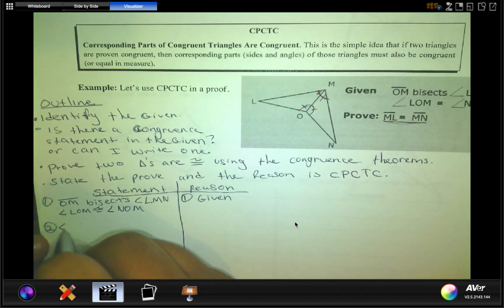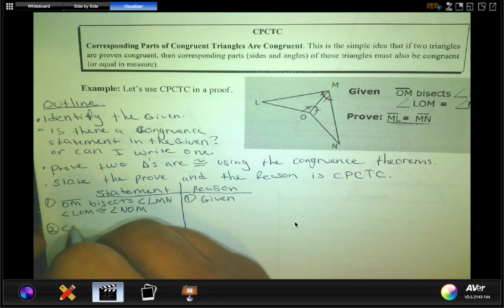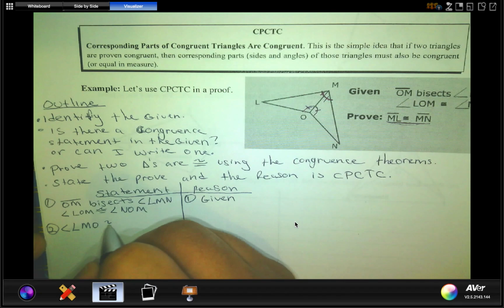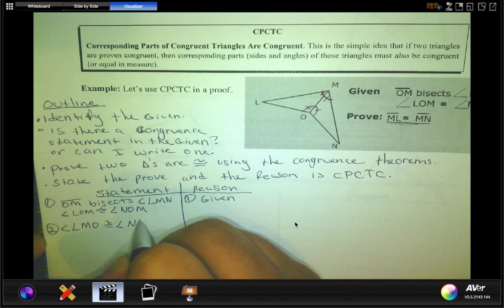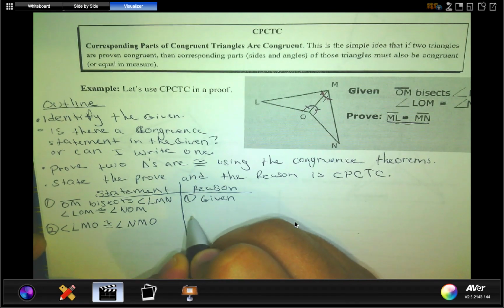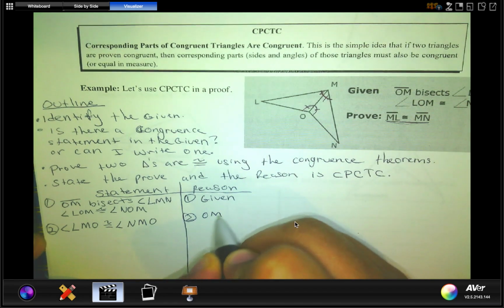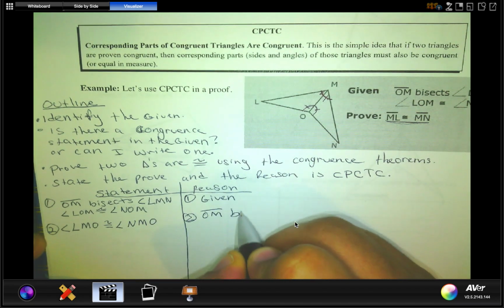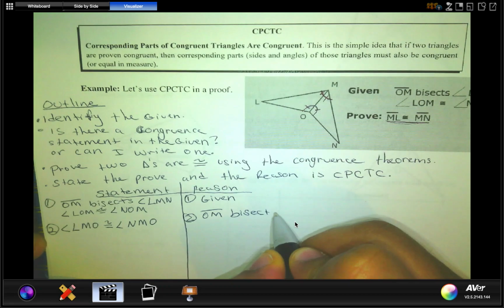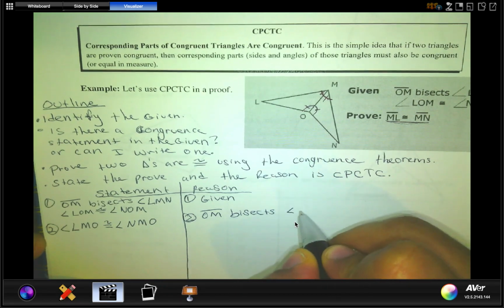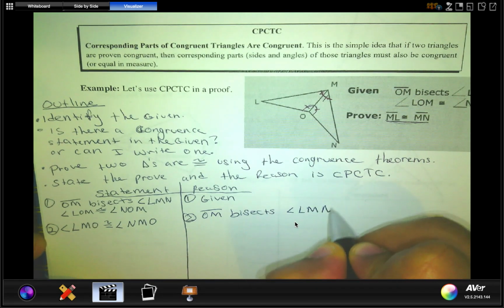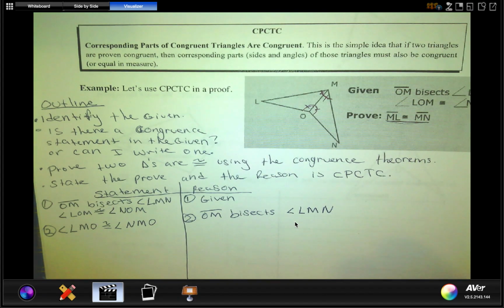So angle LMO is congruent to angle NMO. And the reason for that is that OM bisects angle LMN. Great. Okay. So far, so good.